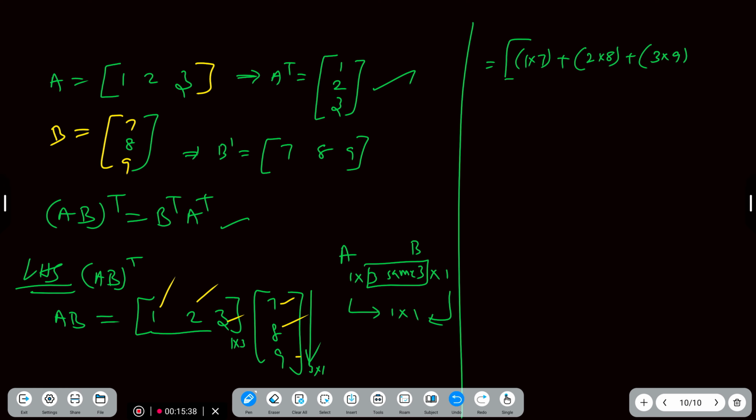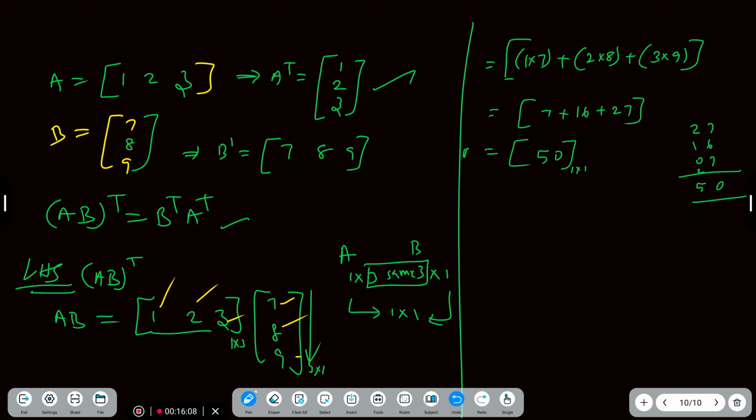So 1 sevens are 7, 2 eights are 16, 3 nines are 27. When you add everything, 7 plus 16 plus 27 gives 50. So 50 is a 1 by 1 matrix.